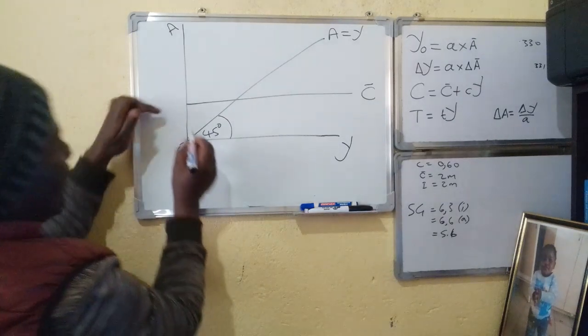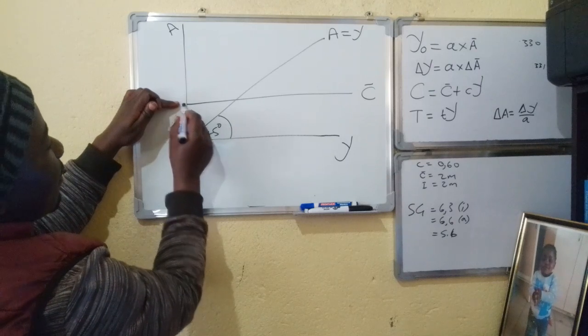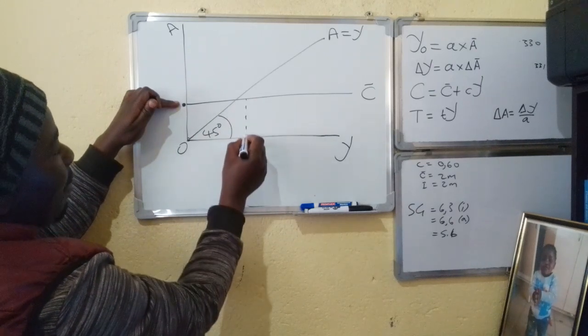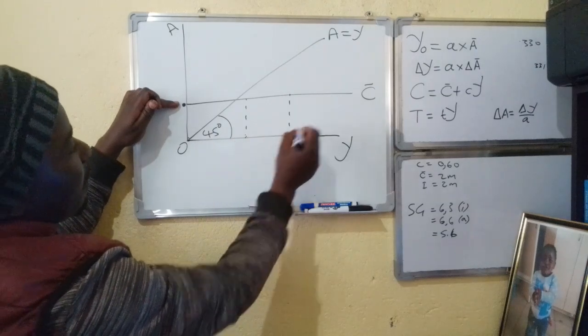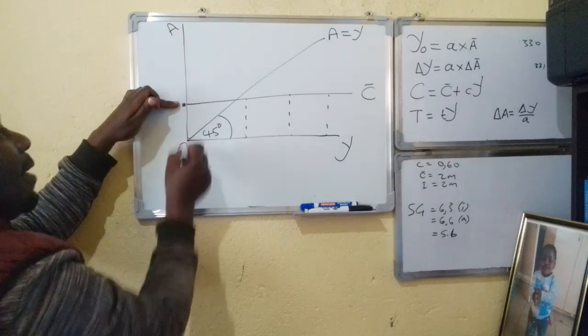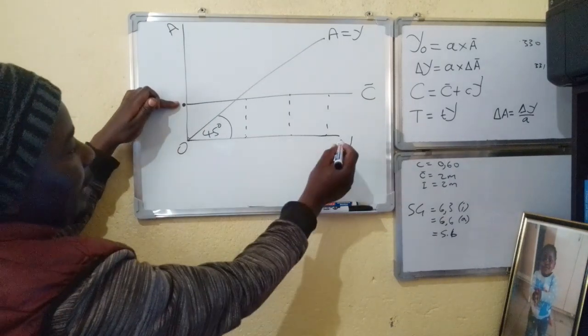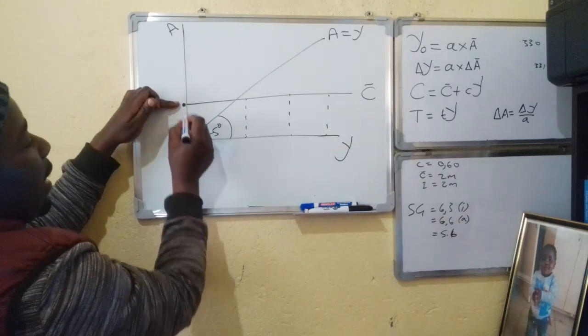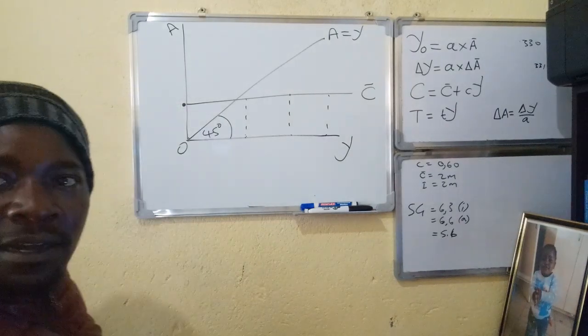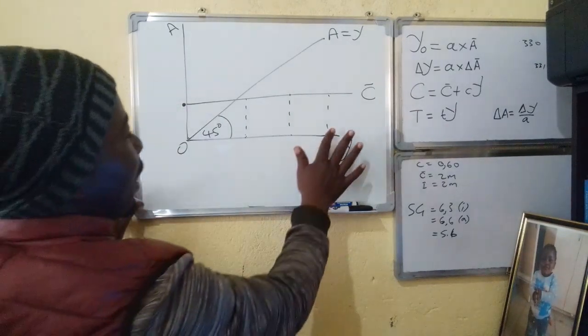It means that expenditure exists whether the level of income is at zero, whether the level of income is here, whether it's here. This expenditure exists. Remember, this is the expenditure line. This is the income line. So, when income is at zero, you have this expenditure already existing. Okay, cool. I know you're following.